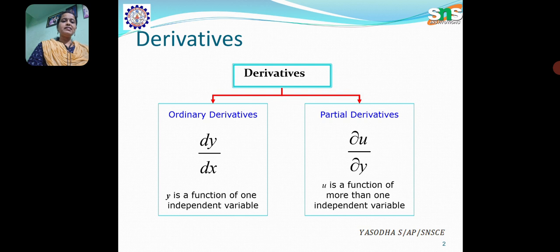Here x is the independent variable and y is the dependent variable. So y is dependent on x. Therefore y is dependent and x is the independent variable. And in the partial derivative, here u is the dependent variable and x and y are the independent variables. Clear?